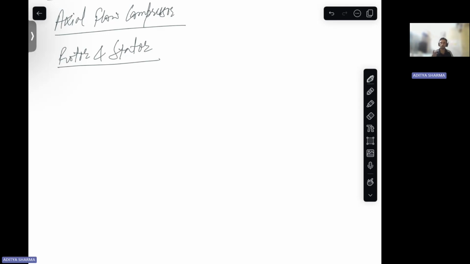So the two directions that are of concern to us are the axial direction and the tangential direction, or what the other name which we call it is blade velocity, right? Tangential velocity.